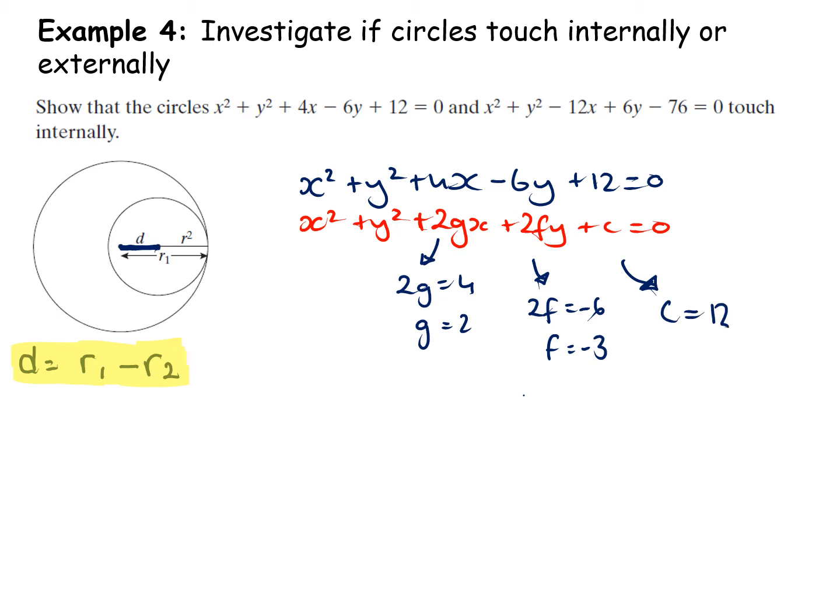And c equals 12. So then the two things we can talk about, again from page 19: minus g, minus f is my center point. So I get (-2, 3).